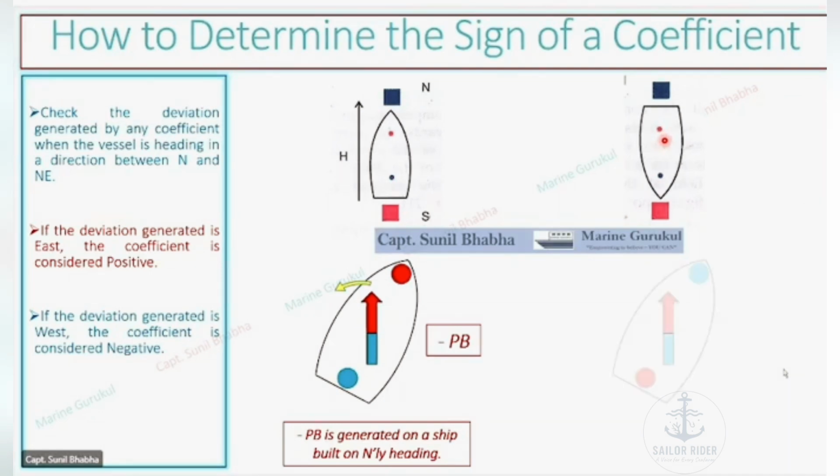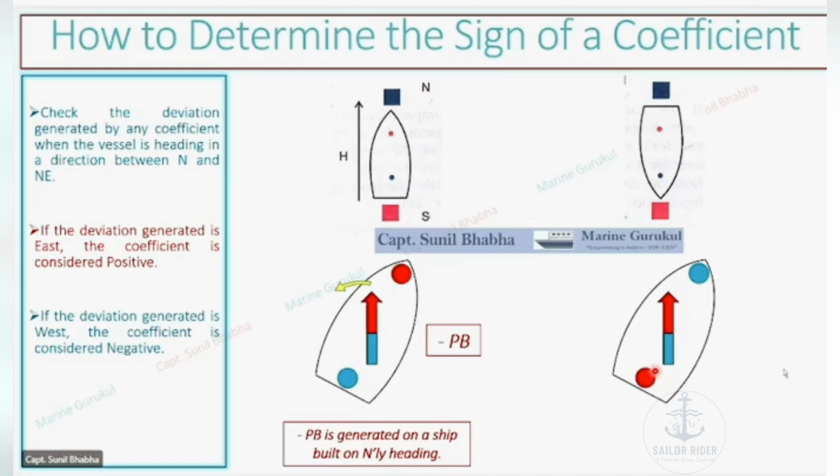Now let's take the ship on a heading between north and northeast. We see the ship heading between north and northeast. It has a blue bow and a red stern. Now if you look carefully, the blue bow is going to attract the red end of the compass needle towards itself, generating an easterly deviation. Likewise, the red stern is going to attract the blue end of the compass needle.